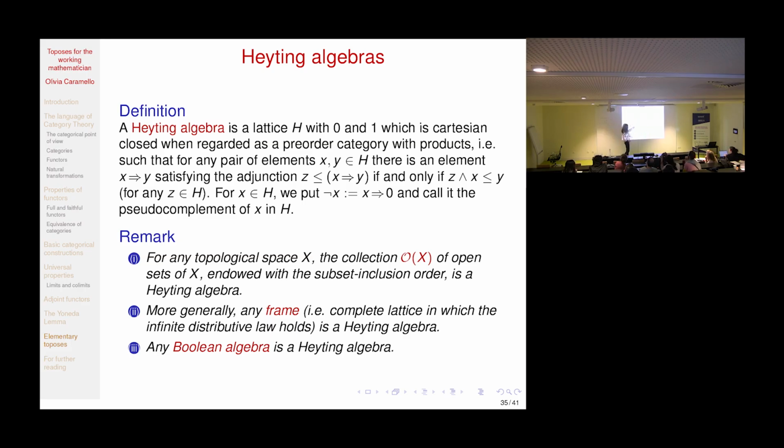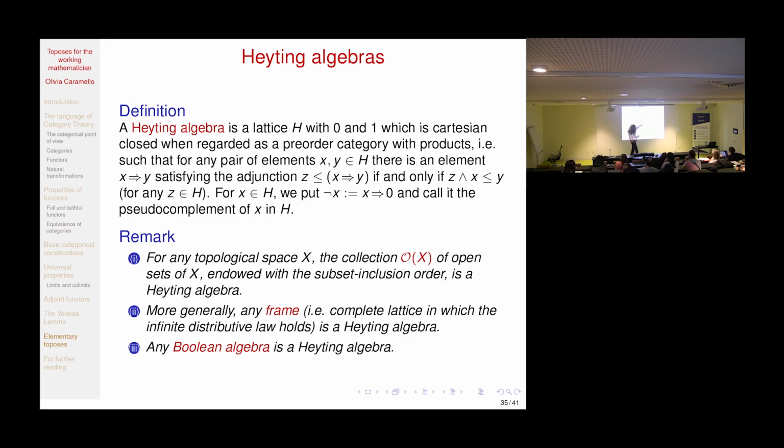A fundamental example of a Heyting algebra is the collection of open sets of any topological space. It is not a Boolean algebra, because if you have an open set, the complement of this open set is no longer open. You can take the lattice of subsets, which is actually a Boolean algebra, but if you consider just the open subsets, this is only a Heyting algebra.